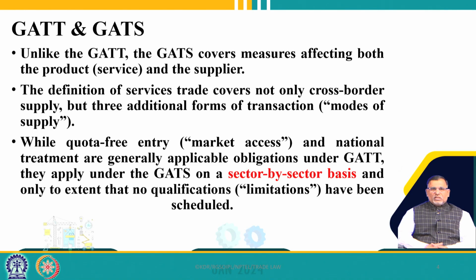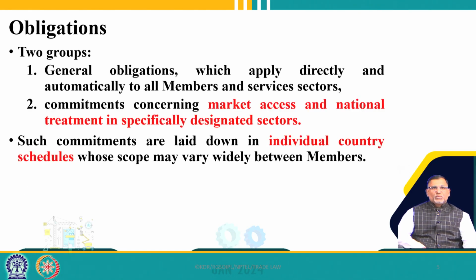As I told you, market access is subject to the national treatment principle, but it is to be decided by the individual countries subject to limitations, and these limitations are included in the individual country schedules.